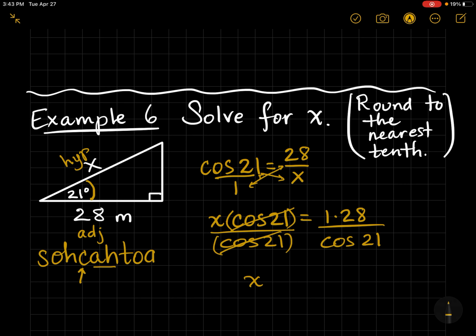And on my display screen, I have 29.99205 and some more numbers.